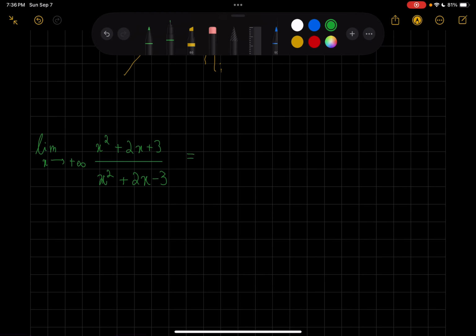When x is tending to an infinite number, we can literally ignore the entire function and only take the highest power on the numerator over the highest power of the denominator. So it would be x squared over x squared, as x is going to positive infinity.